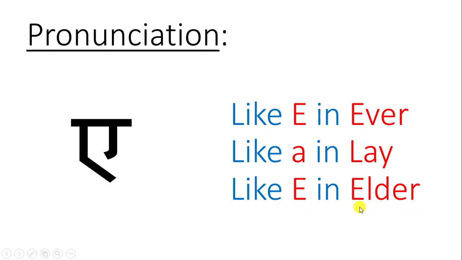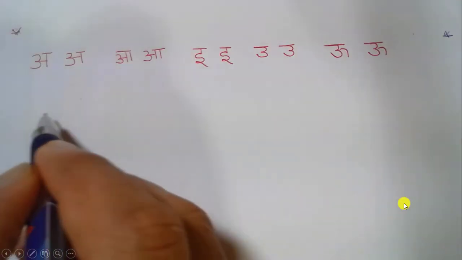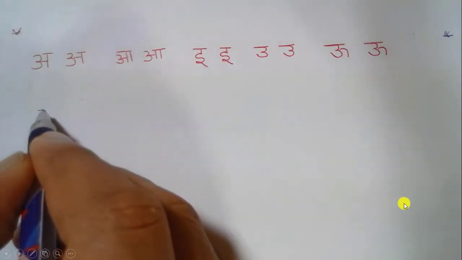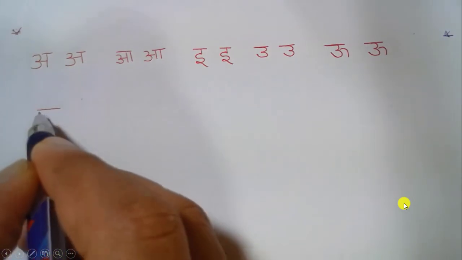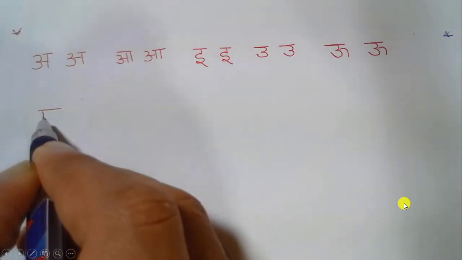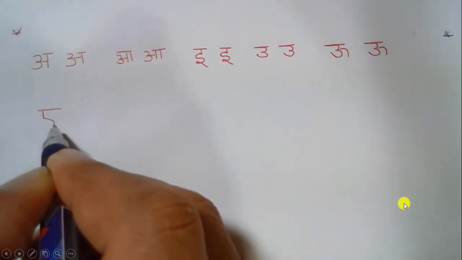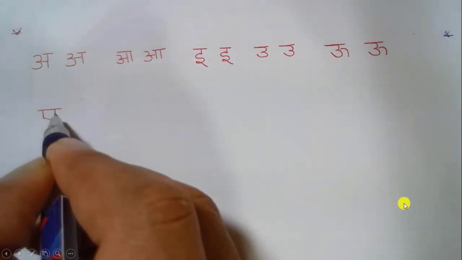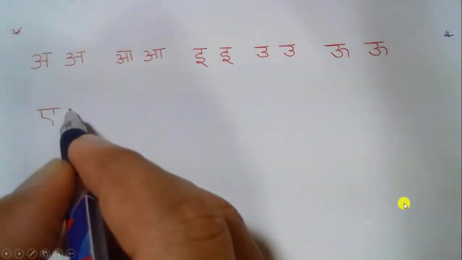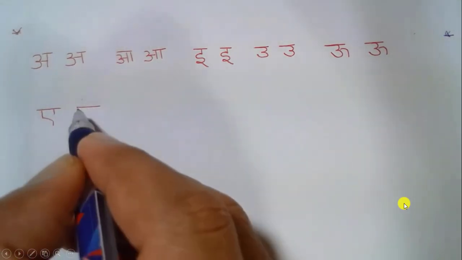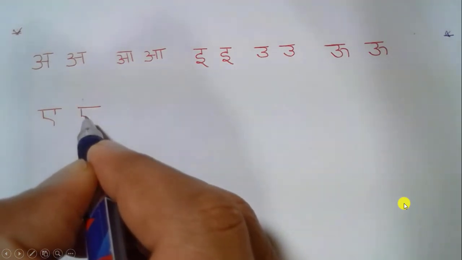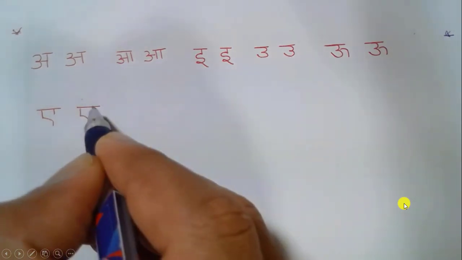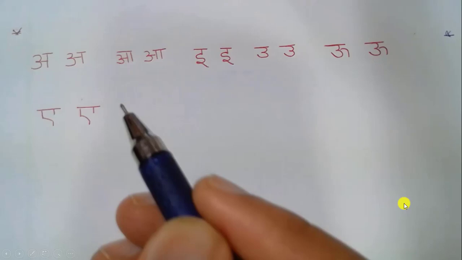Elder. All right. Let us see how to write it. Horizontal line, vertical line, slant line, and once again vertical, and one more small vertical line, horizontal line, vertical line, slant line, vertical line. All right.